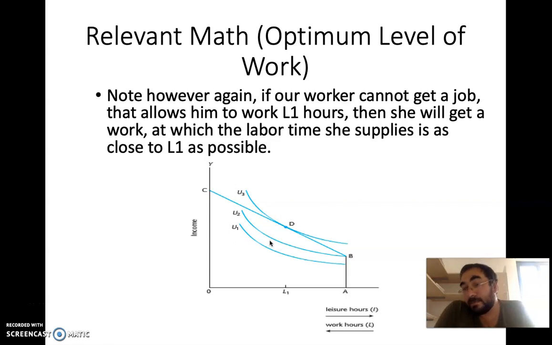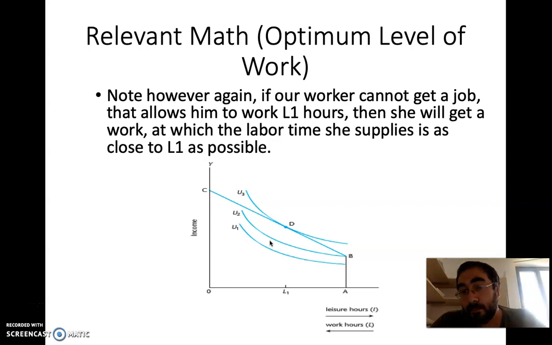In that case, I will decrease my labor time because if I reduce my labor time by one more unit, the amount of money I lose is less than the amount I think is worth giving up for one unit of labor time.